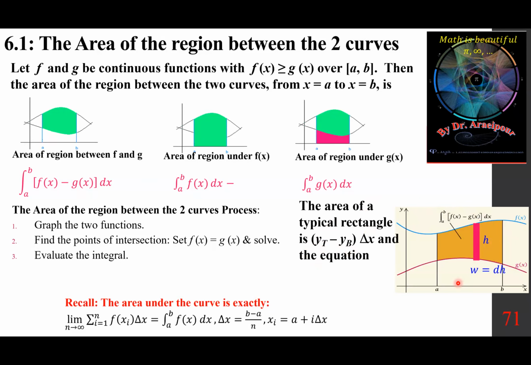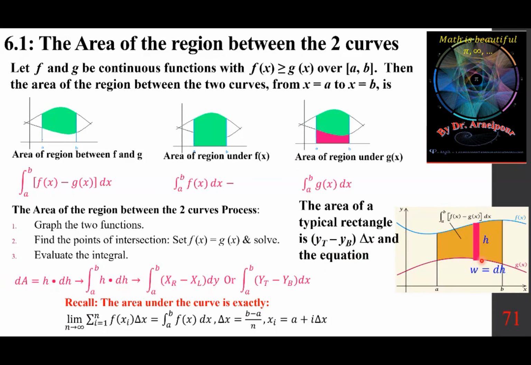So if you look at this height, y of this top minus y of this bottom, times the width, which is delta x, the equation goes like this. dA, I'm going to call this an increment of area, is h dh. So the integral from a to b of h dh is the answer. Now what is h? H, according to this, is y of the top minus y of the bottom, and dh is dx.